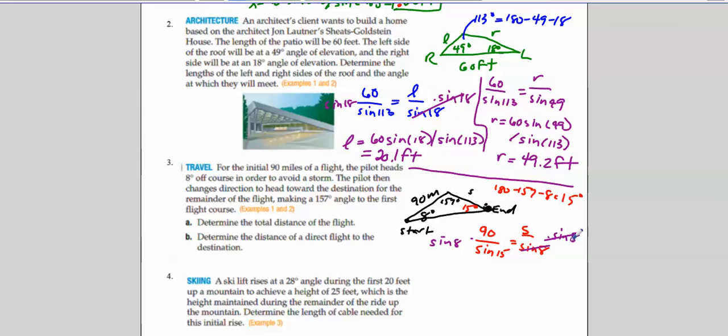And those cancel out, and so you can say s equals 90 sine 8 divided by sine 15. Alright, and when you type that in your calculator, you should get that s is 48.4.